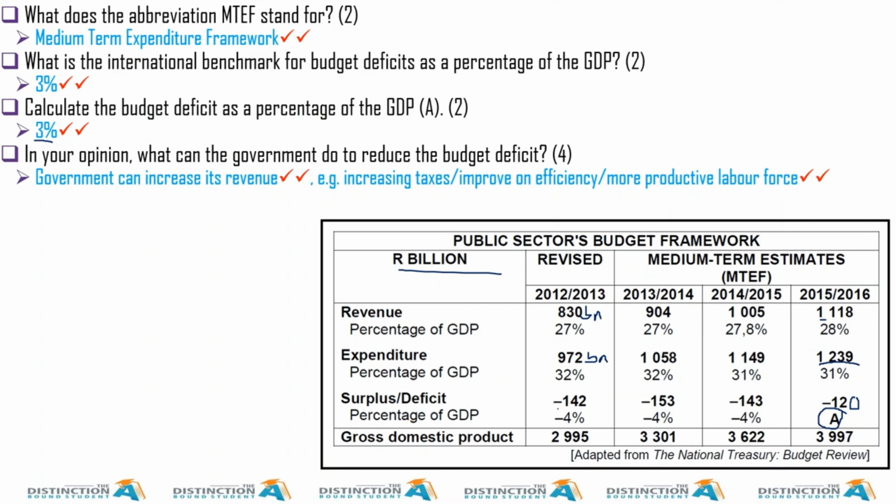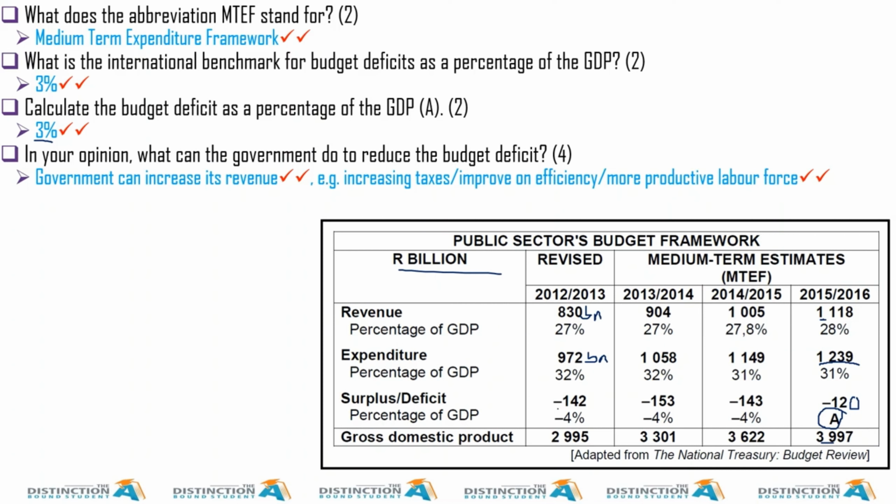Remember, we add billion in front of this figure. So government needs 1.2 trillion rands, but government only has 1.1 trillion rands. So government has a deficit of 120 billion rands. This 120 billion rands will have to be borrowed.